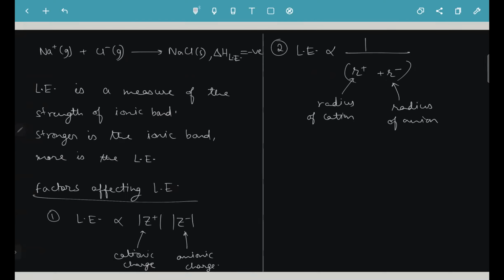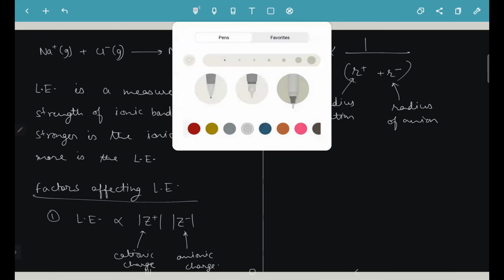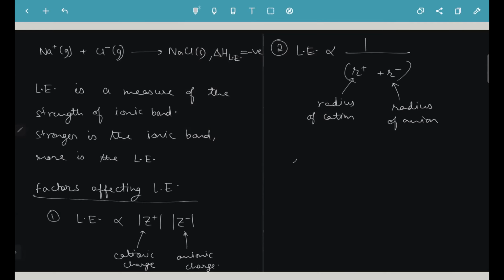And R plus plus R minus is the interionic distance. More is the distance, less will be the attraction, less will be the lattice energy. Smaller is the distance, more will be the attraction, more will be the lattice energy.